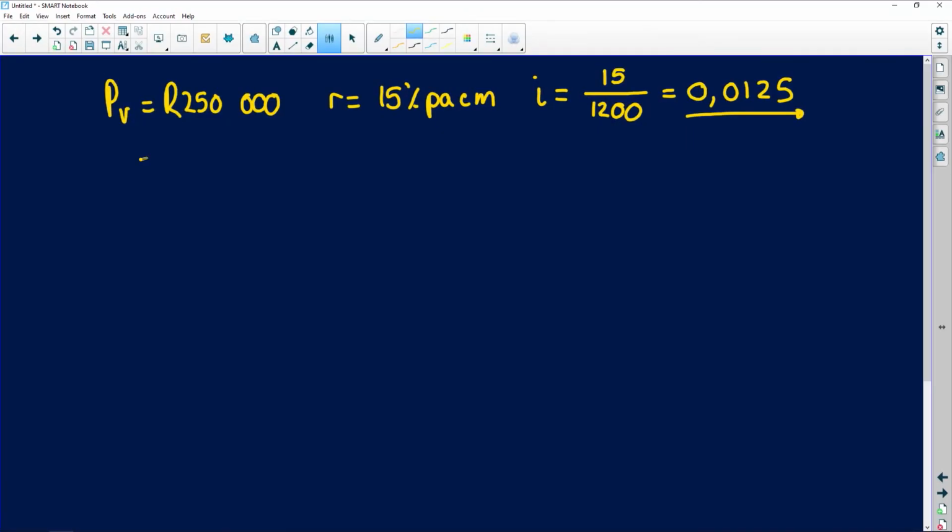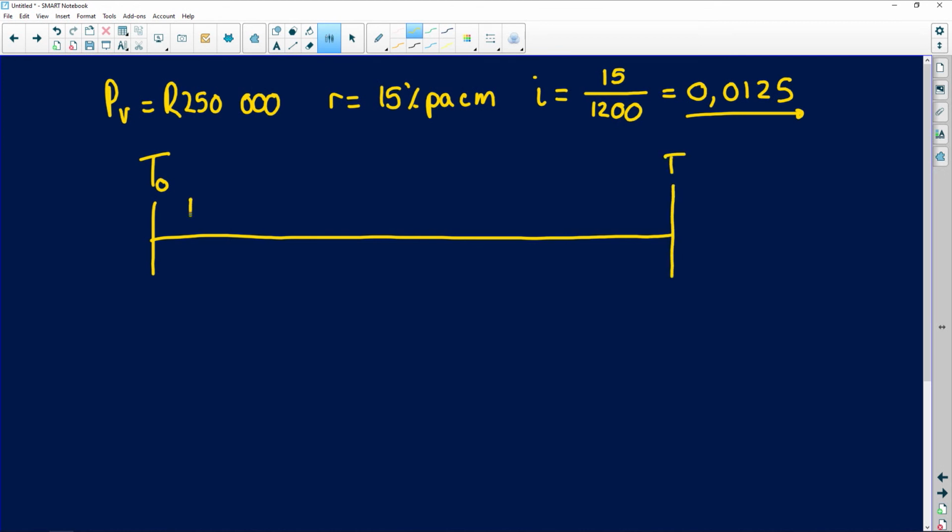Always, always, folks, put your information on a timeline so that you can see how you play on that timeline. At timeline 1, nothing happened. At timeline 2, nothing happened. She started paying at this point, the regular payments, and then it continued for the 4-year period. 4 years have 48 months.